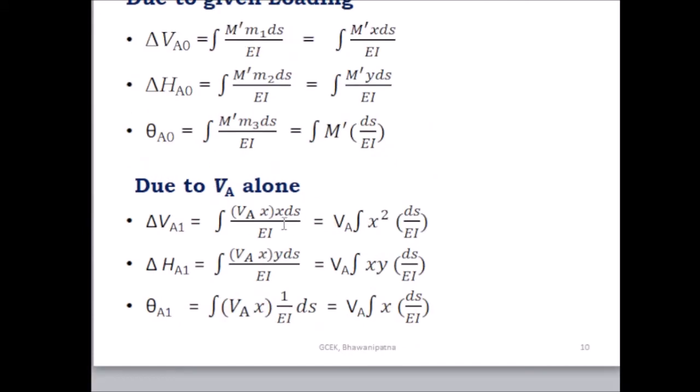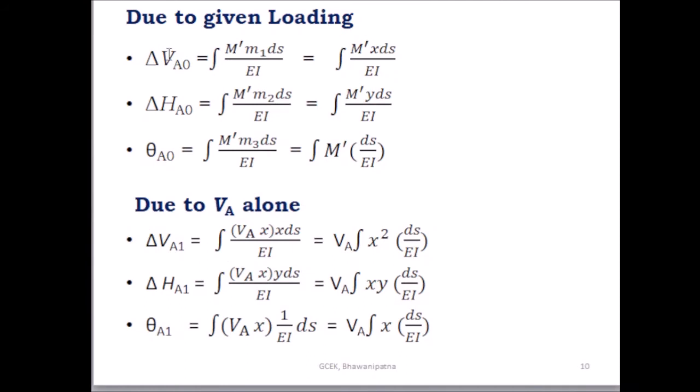So first we will find out what is the vertical displacement due to the given loading, that you can denote by delta VA0. So using the unit load method, you can find out what is the vertical displacement due to the given loading, and what is the horizontal displacement due to the given loading, that you can denote by delta HA0.